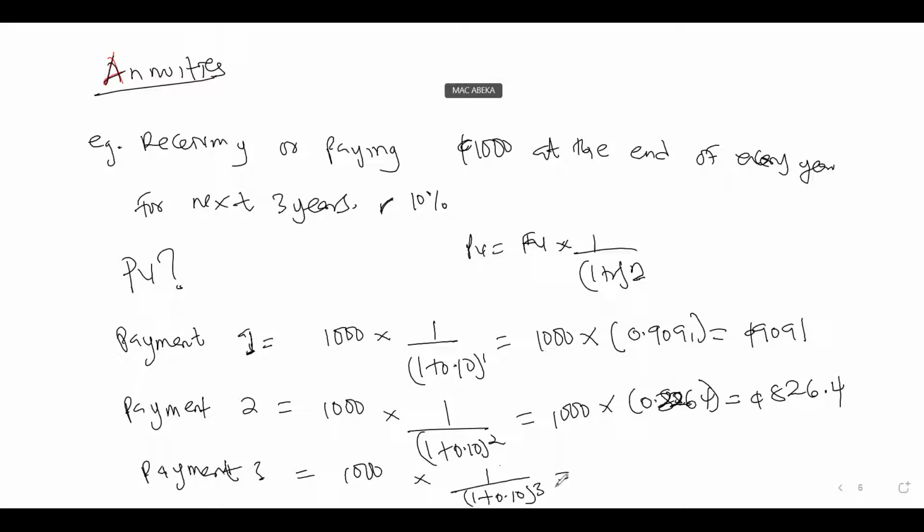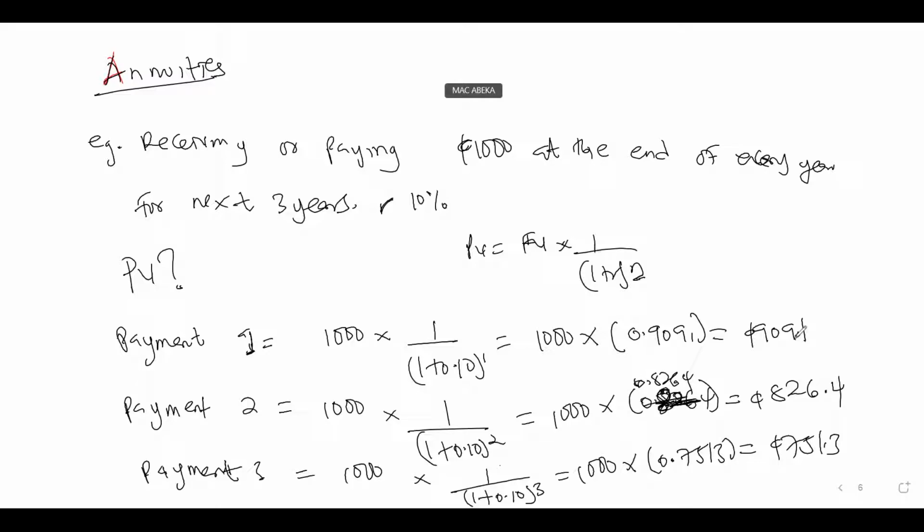So 1,000 times 0.7513, we get 751.3. Oh, thank you. The first one should be 909.1. Thank you. I think it was a punching mistake. Okay.